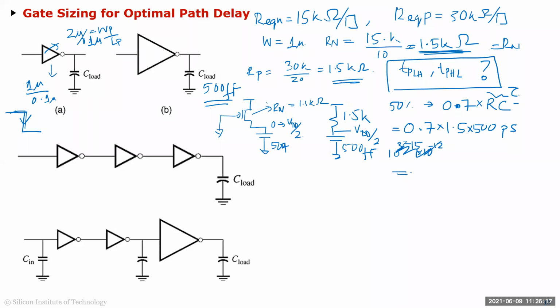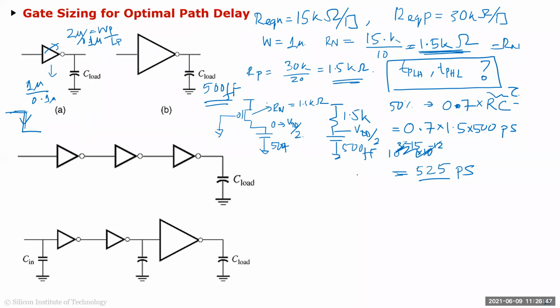So if you calculate this, 0.7 times 1.5 times 500, that's 525. So some of you got 517, some of you got 517.5. Maybe you took 0.69 or something, I don't know, but it's close.